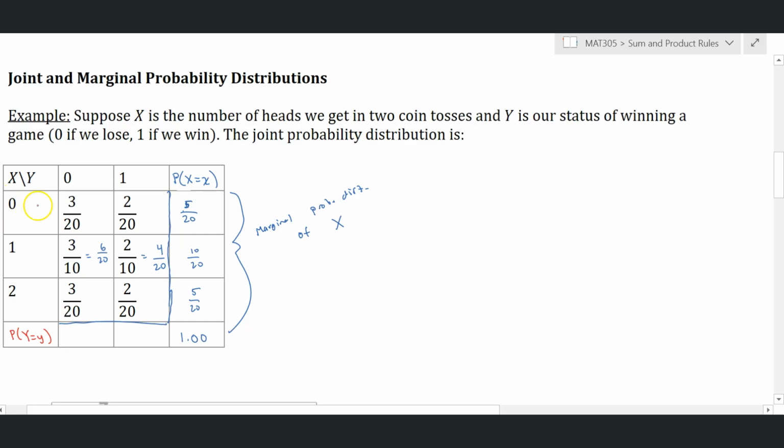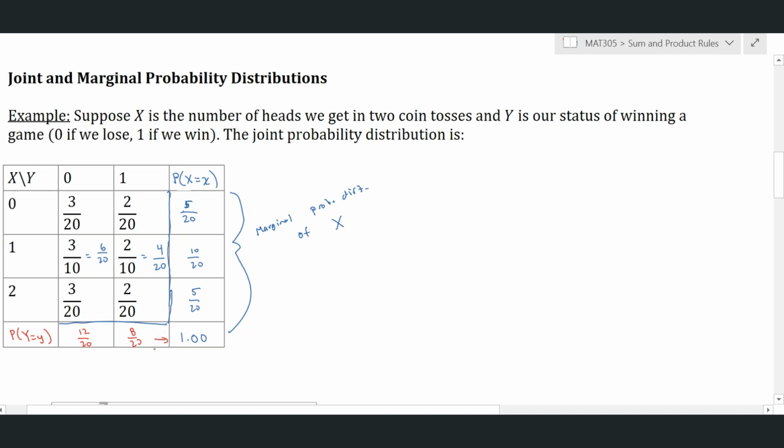Well, in total, that's going to be 3 plus 6 plus 3. That's 12/20ths of all of the 6 outcomes where you lose the game. And the fraction of all the times that we win the game would be 2 plus 4 plus 2, 8/20ths of the time. And once again, notice that the total sums to 20/20ths.